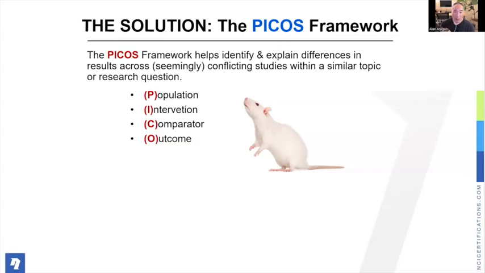O stands for outcome. Outcome refers to what effect or what adaptation or what consequence are we anticipating as a result of putting this experimental agent into play? With the creatine example, I gave the example of anticipating changes in muscle size and strength.